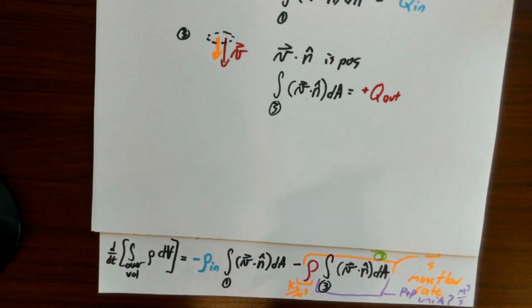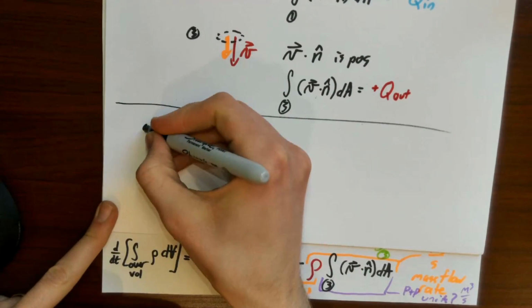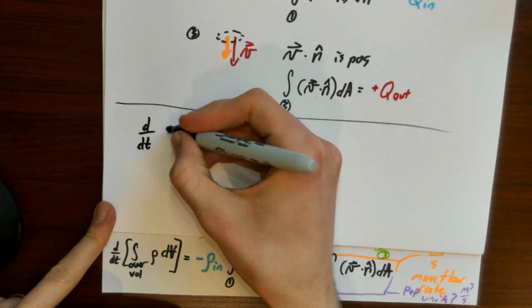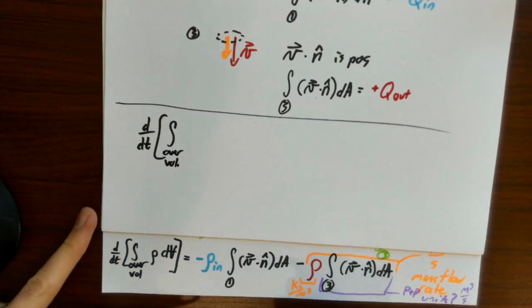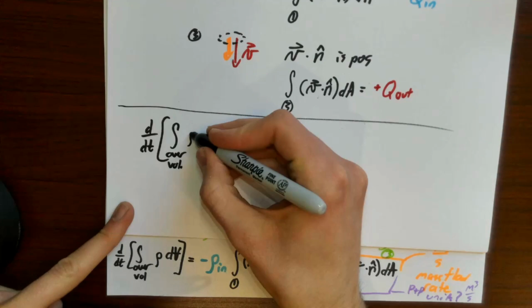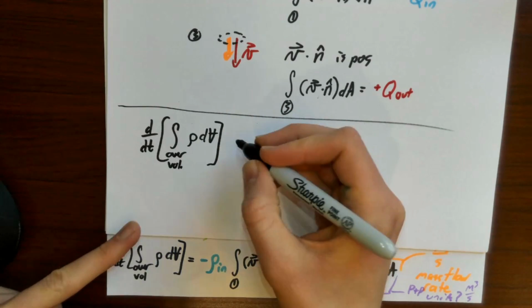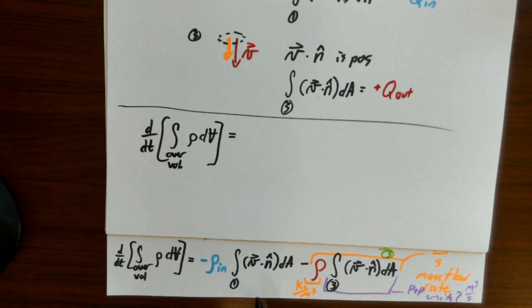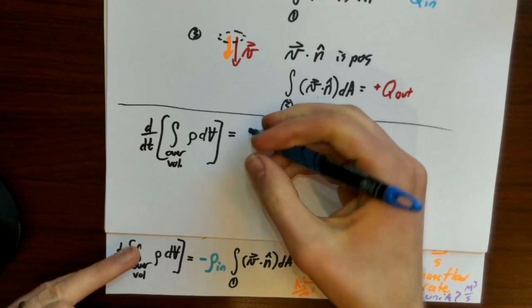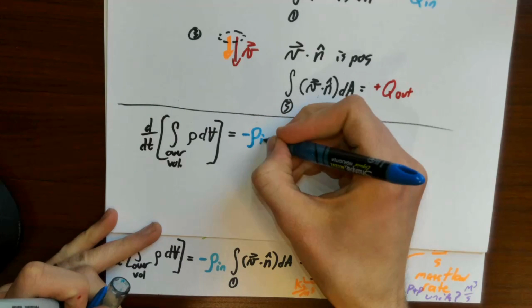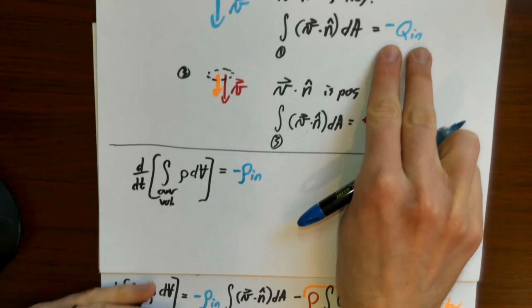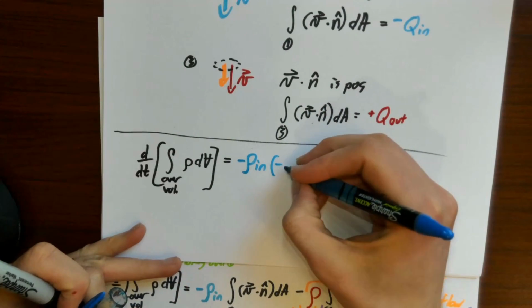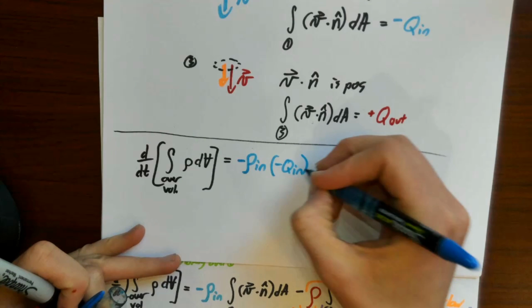Our left-hand side is still unchanged. We have an integral over the volume of rho dV. We haven't bothered to make any progress on the left-hand side yet. We still have this minus rho in, and we were able to replace the entire integral over surface 1 with a minus Q in right here.